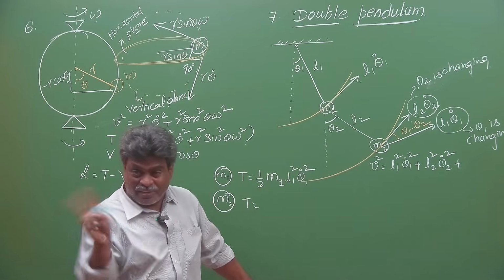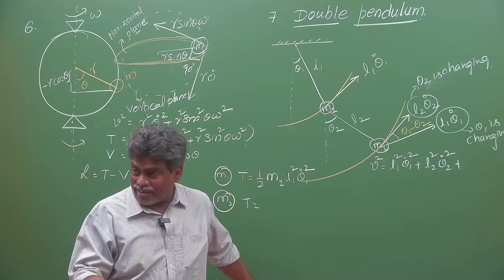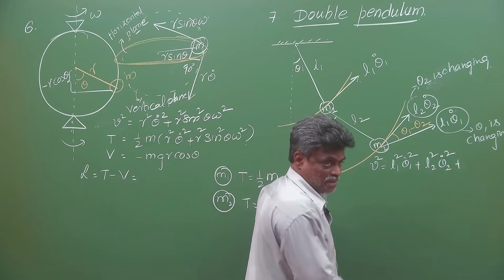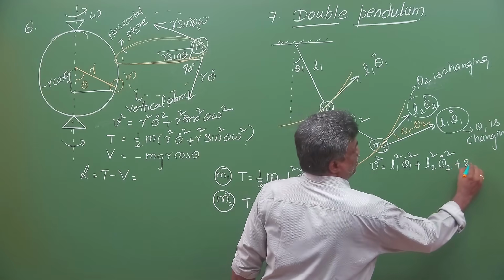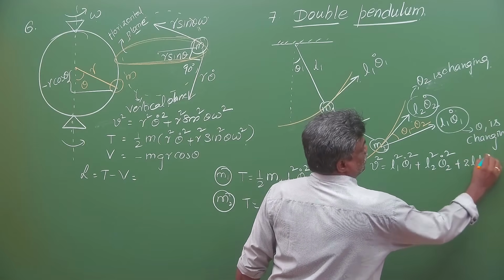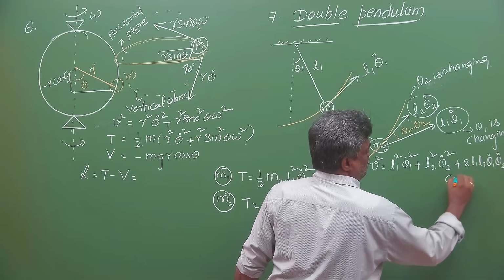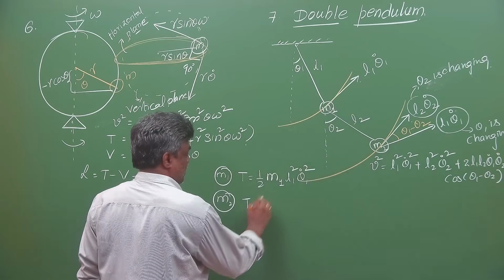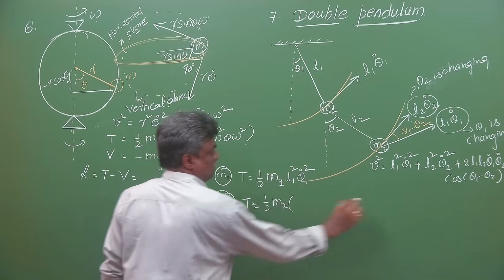So you differentiated, squared and added, and after that you have done lot of difficult algebra. So this is 2 L1 L2 theta 1 dot theta 2 dot. That's it. I hope everybody will write this.